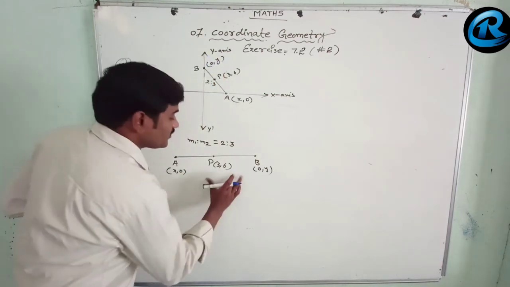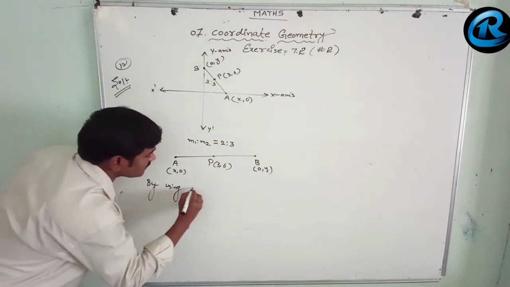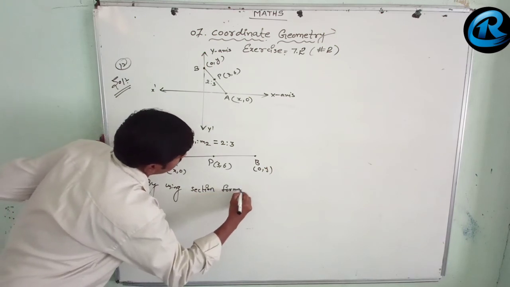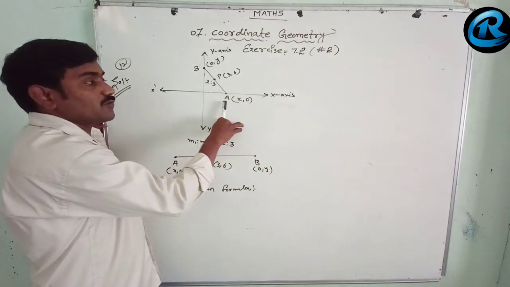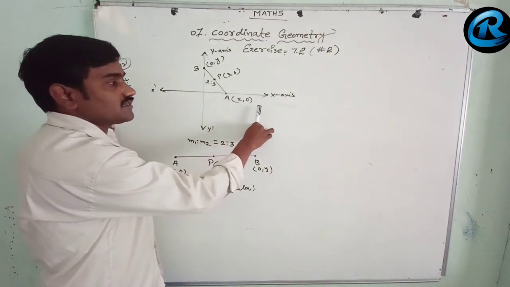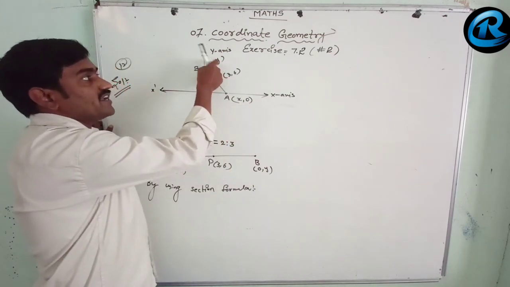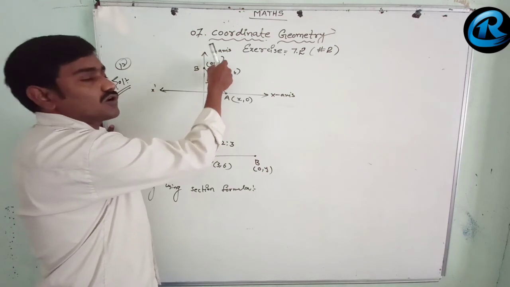So let us go by using the section formula now. If point A is on the x axis, A is (x, 0). If point B is on the y axis, B becomes (0, y).